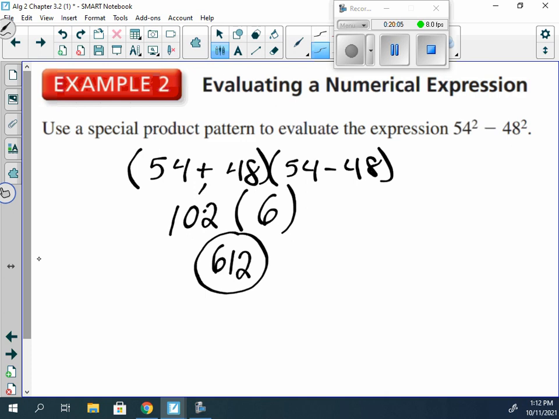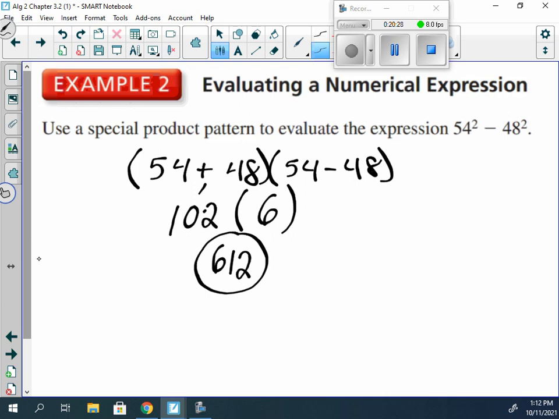What would be a more effective way to solve 54 squared minus 48 squared? Exactly. I mean, will a calculator solve out 54 squared minus 48 squared? Would we have to do anything? No. I mean, we could literally type 54 squared minus 48 squared into a calculator and get the answer.